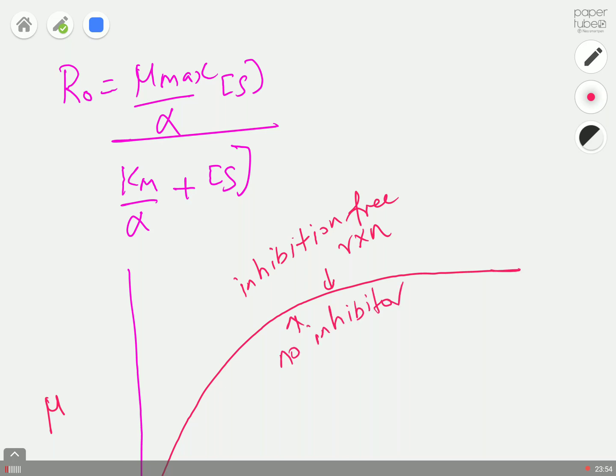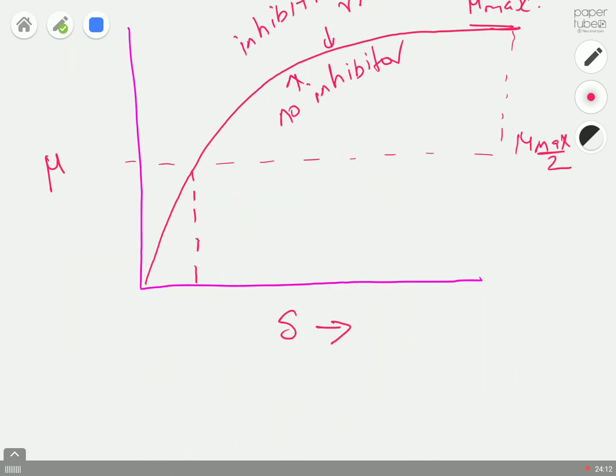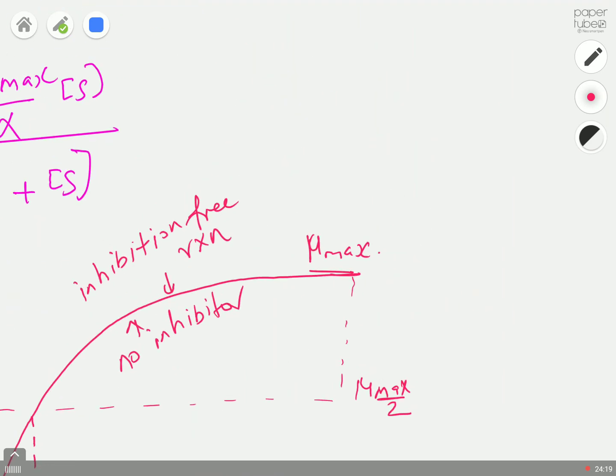So you will have some mu max, and then exactly half of that, mu max by 2, and that happens when your substrate concentration is equal to Km. All the red color notations, whatever I'm writing with the red pen, correspond to a pure enzymatic reaction.